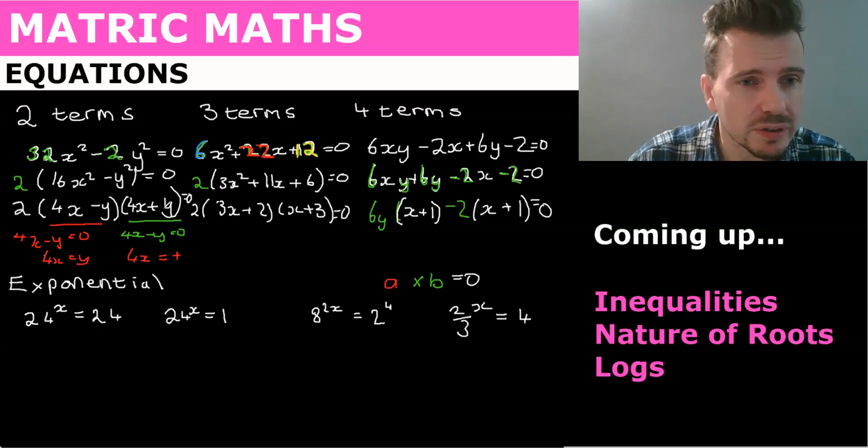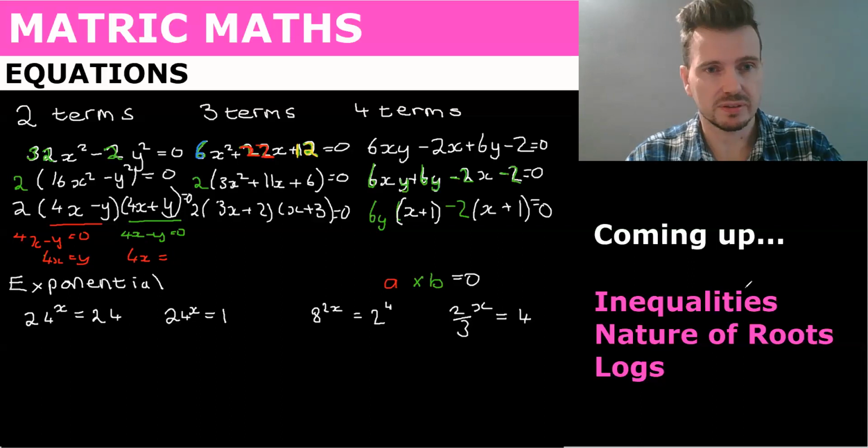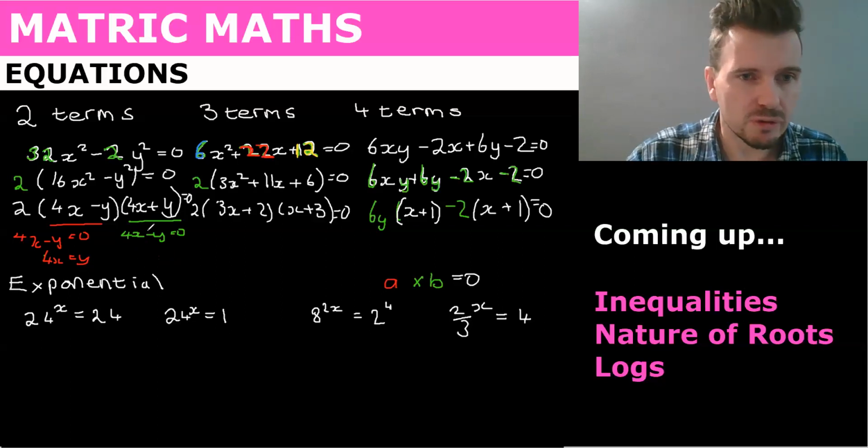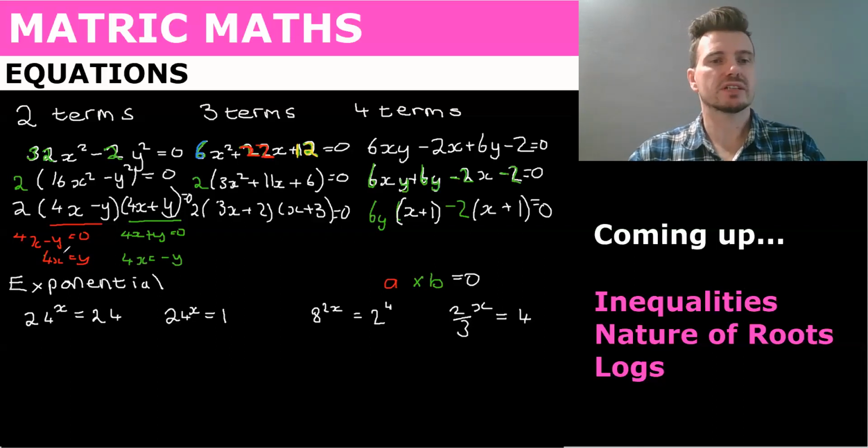Sorry, this is plus, so that's a green. Let's do the one in green properly. Pardon me. 4x plus y, and so we have 4x equals minus y. Okay, so this does not solve for either x or y.